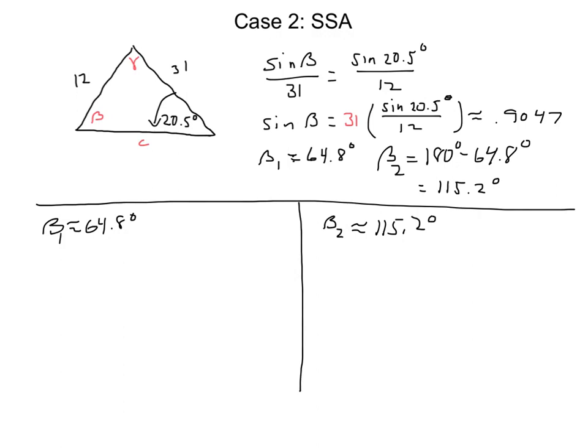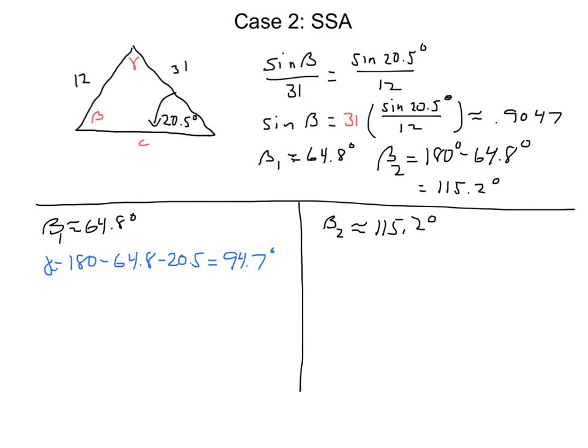The first thing I'm going to do is find the measure of gamma. In this first case, gamma is equal to 180 minus the 64.8 minus the 20.5. When I put that into my calculator, I come up with 94.7 degrees. So in the first case, where beta was equal to 64.8, gamma would be 94.7 degrees.